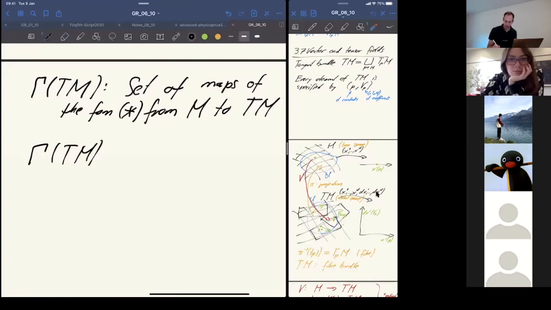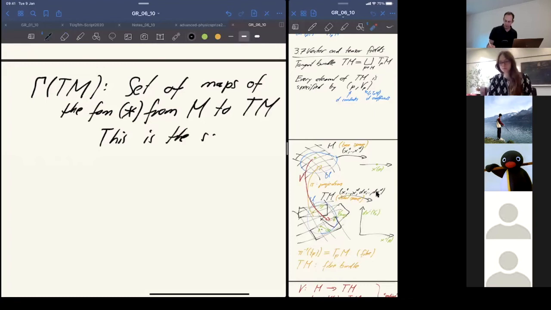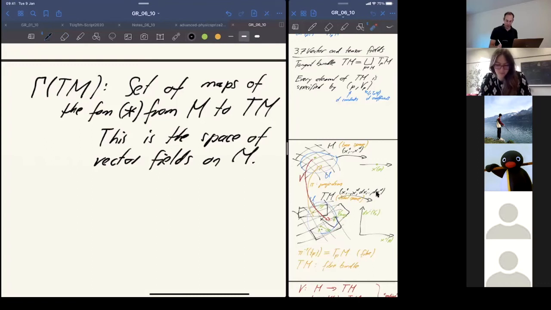So it's the space of vector fields on N.